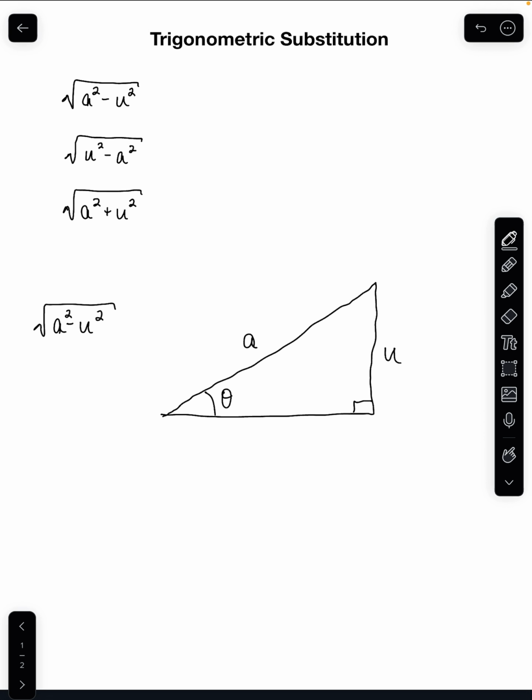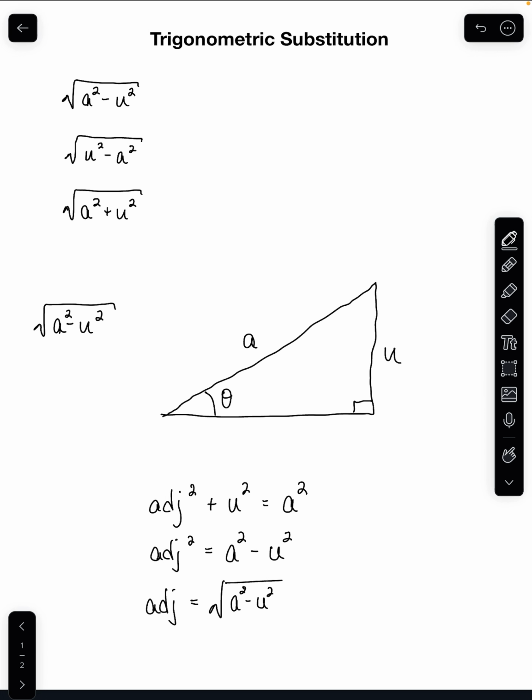In this way, the length of the adjacent side can be determined by solving the Pythagorean theorem using u for the length of the opposite side and a for the length of the hypotenuse, where we would start by subtracting u squared from both sides and then taking the square root of both sides, thus producing the square root of a squared minus u squared.